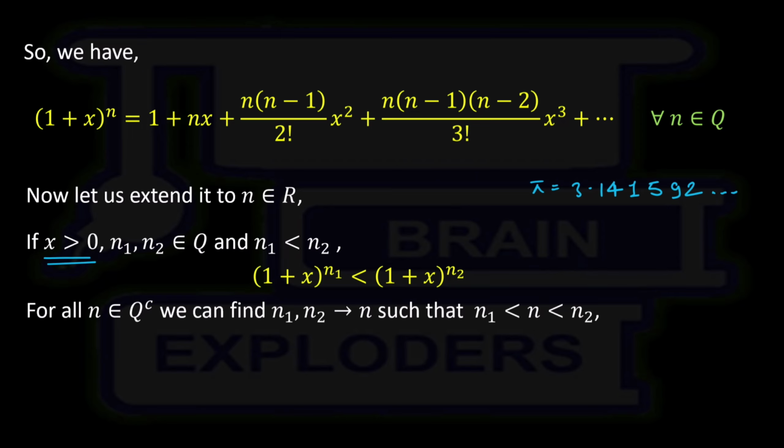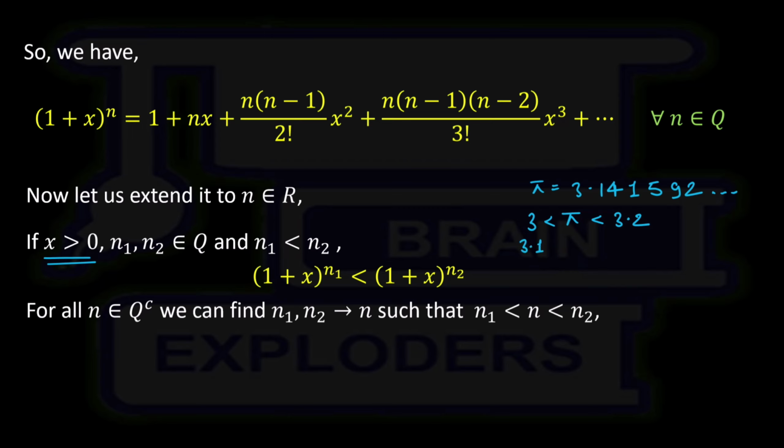that's why I have taken the example of pi. So we can find many irrational numbers very much close to pi, and in this way you can find many irrational numbers which are tending to pi.